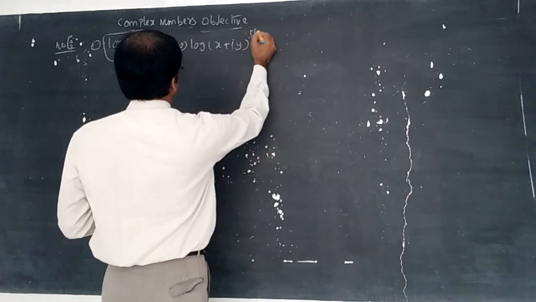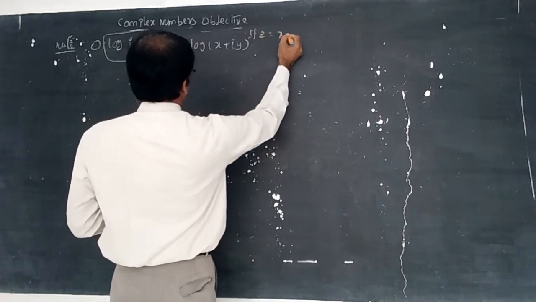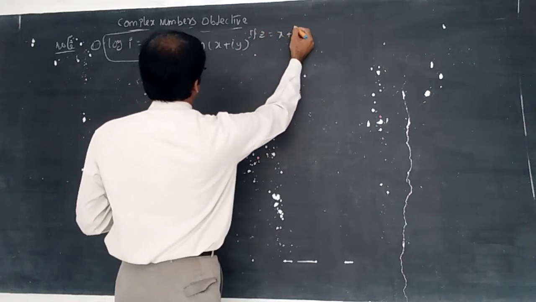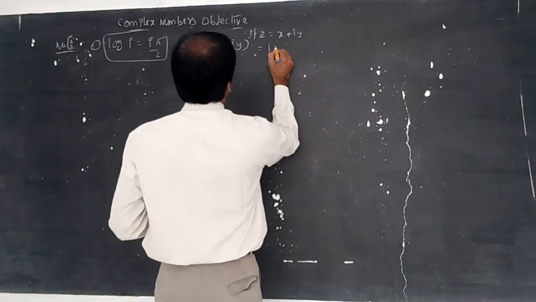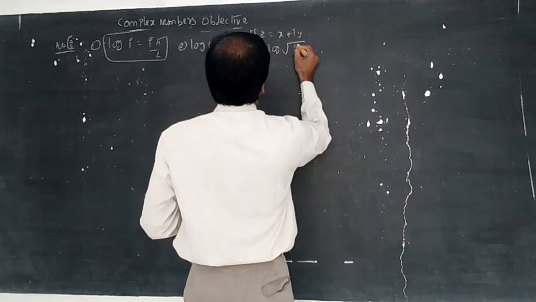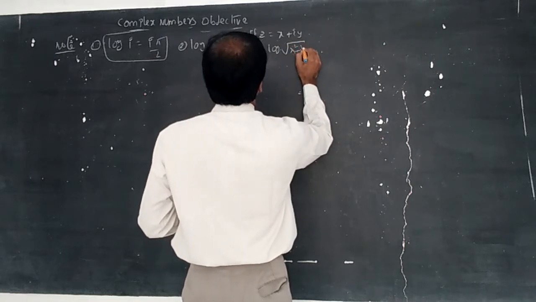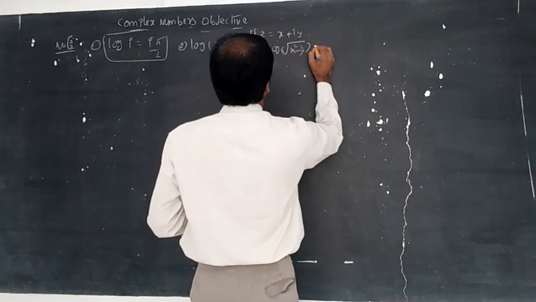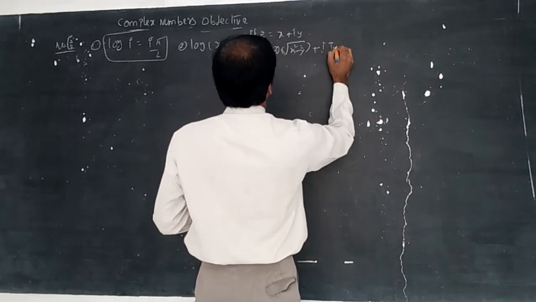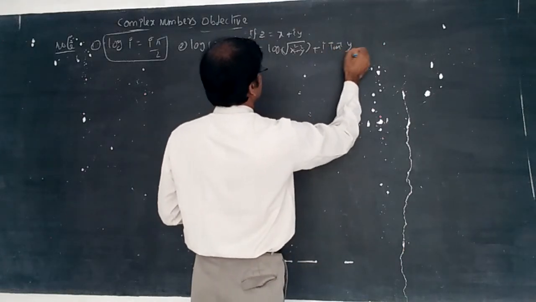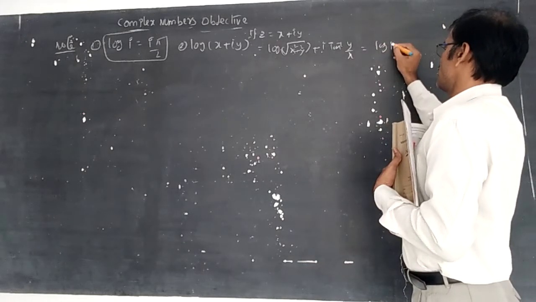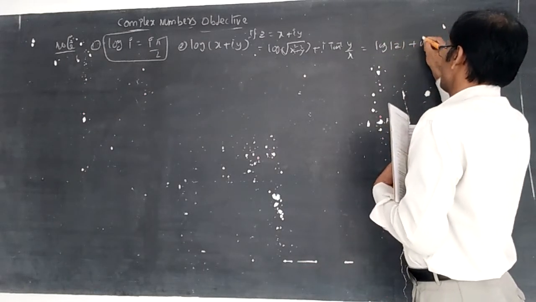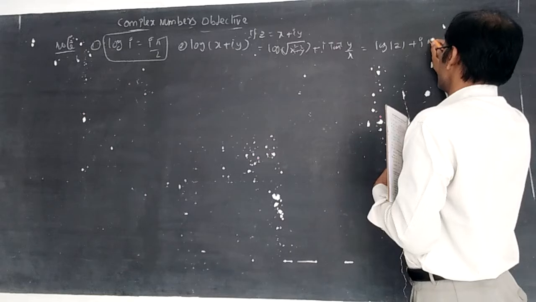If z is equal to x plus iy, log of x plus iy is equal to what we had written as log of root of x square plus y square plus i tan inverse of y by x. It can be written as log of modulus z plus i into argument z.